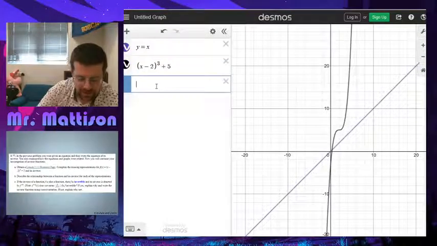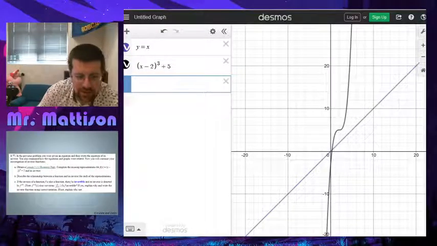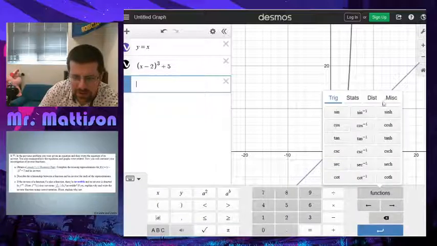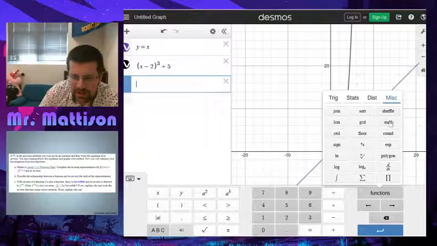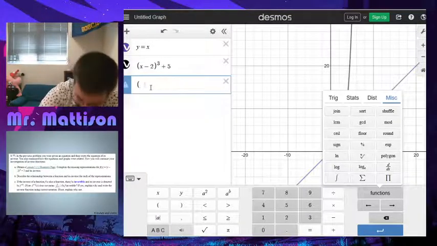And then on the bottom here, we're going to have our cube root, which I believe is under functions, miscellaneous. Where is the square? I'll just cheat. I'll show you a trick for doing those ones.